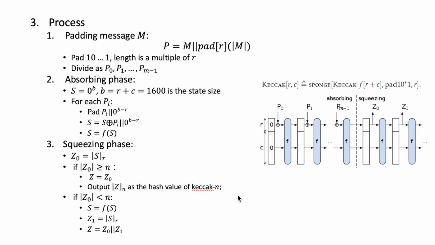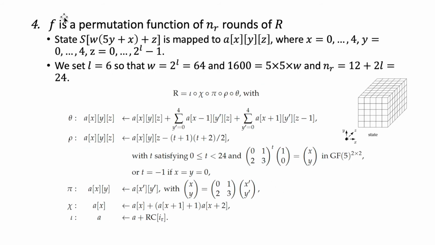Now let's get into the details of the permutation function F. F is a permutation function of NR rounds of R. We will explain what NR and the capital R are later.